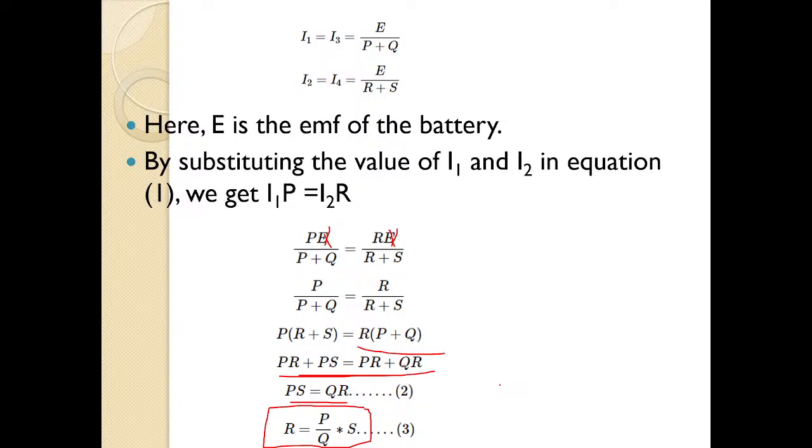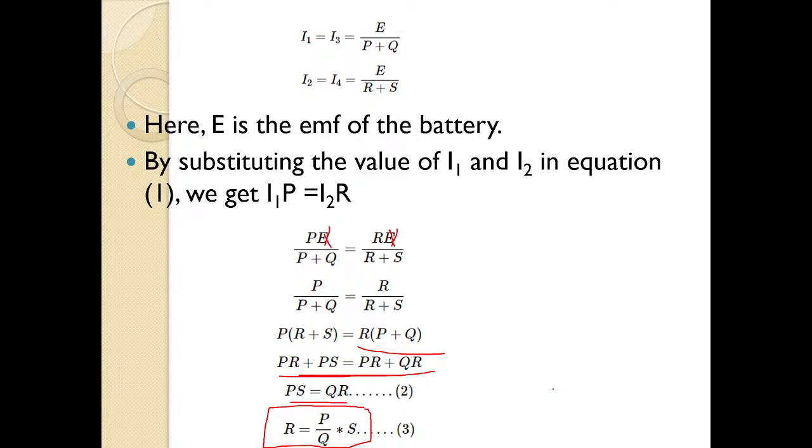So when the bridge is balanced, what is the formula to determine the unknown resistance R value? Okay, so when the bridge is balanced, this is our unknown resistance. R is equal to P by Q into S.